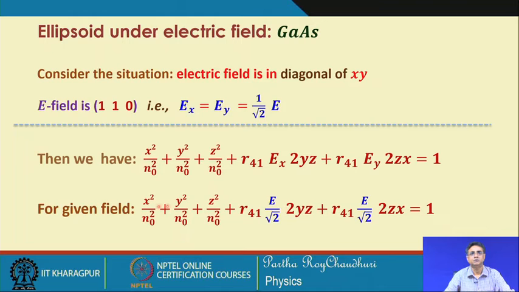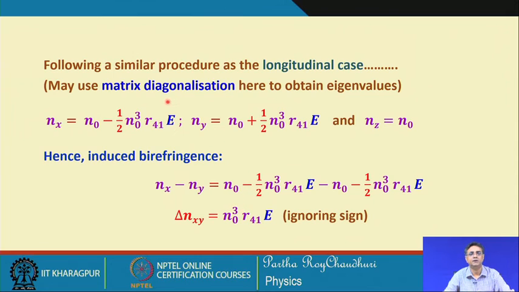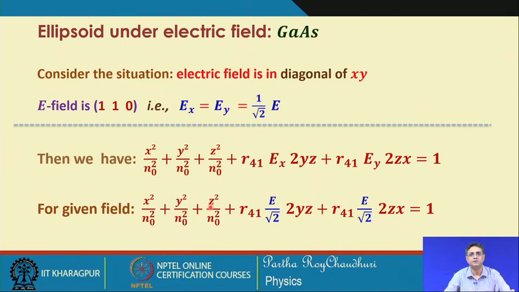Now, we will use the matrix diagonalization method to find the new principal axis system. We will not do that algebra, but you can, because we have done it several times.